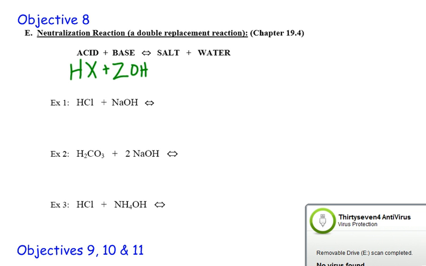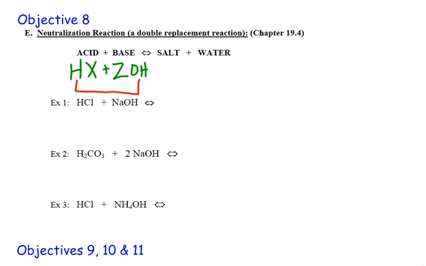So if you have an acid reacting with a base, it's a double replacement reaction, which means the cation from the first molecule will stick together with the anion of the second molecule. HOH then, of course, becomes the water.